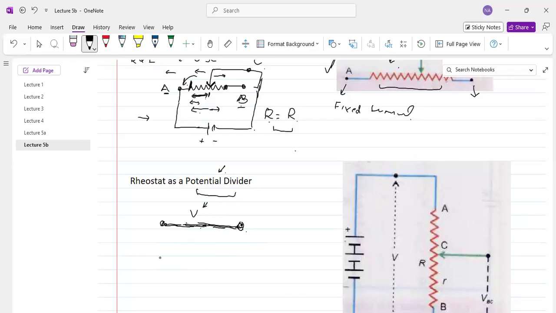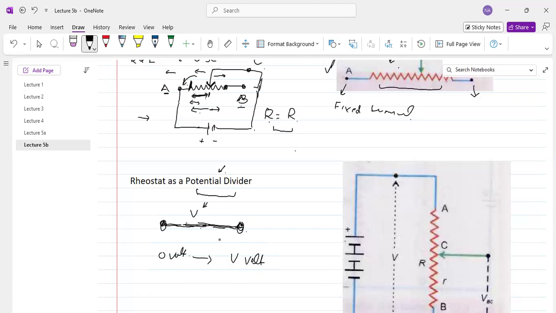What does this mean? This means that we can obtain from 0 volt to a maximum of V volt, because the potential difference between these 2 points is V volt.